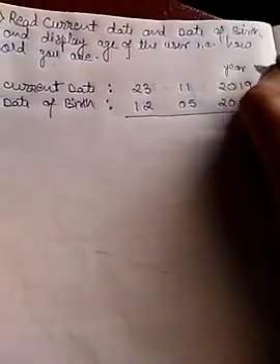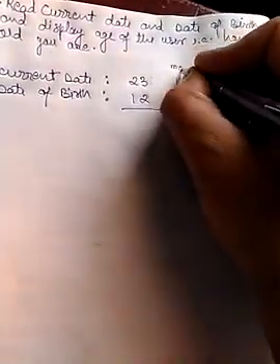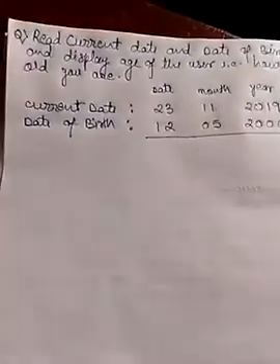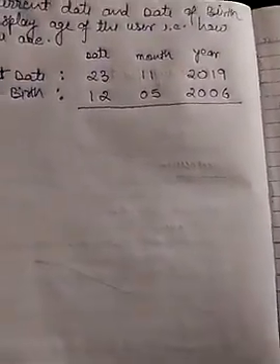This is year, this is month, and this is day. Now we have to calculate how old the user is on this particular date.